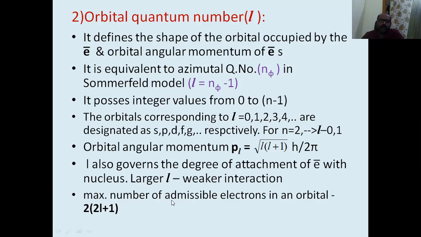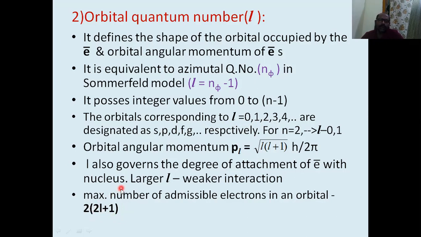For example, how many electrons can be accommodated in the s orbital? In the case of the s orbital, from the above equation, s corresponds to L equal to 0. In that case, 2L is 0 and 0 plus 1 is 1, and 2 into this quantity, we get 2 only.